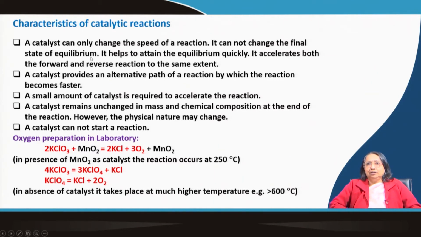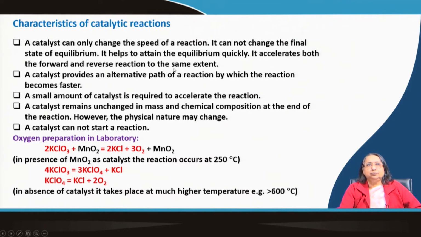Now, you know what equilibrium is, you know what the equilibrium constant is. All those things I have already discussed in my module 2. So, you have to remember that it cannot change this. It helps to attain the equilibrium quickly, meaning only the rate is changed by a catalyst, but other thermodynamic parameters cannot be changed.